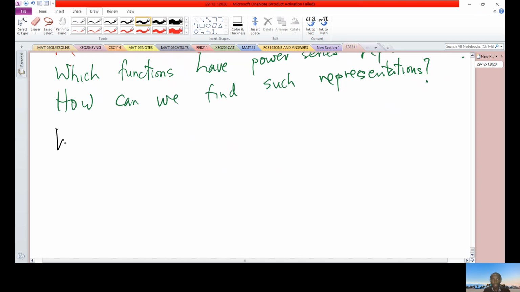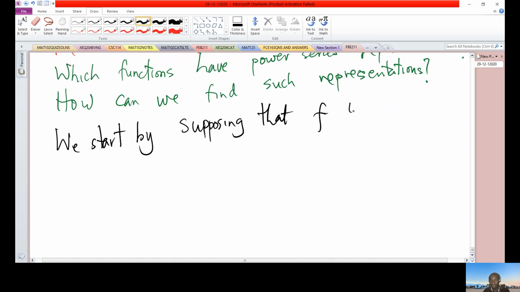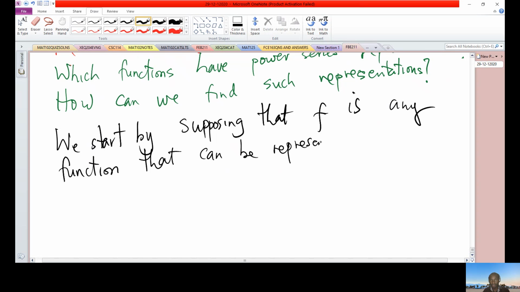So we start by supposing that f is any function that can be represented by a power series.